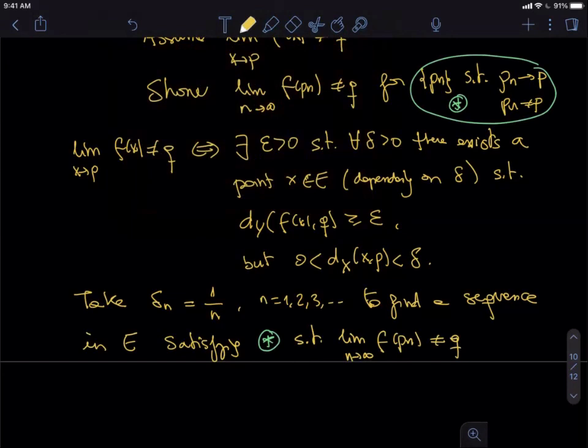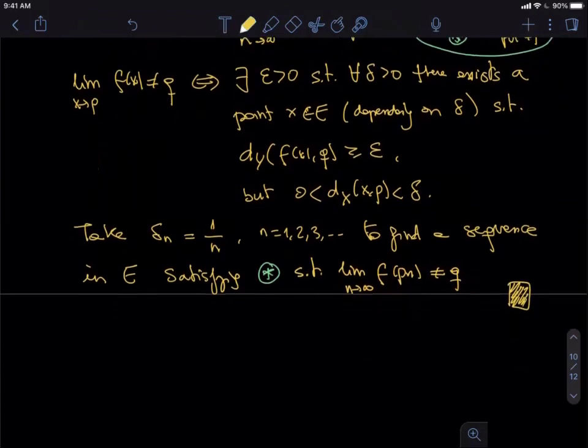Since the negation here is so massive, for every delta, you just pick a delta that is convenient, and that will give you a sequence of points in E. You can just pick any point, and with that you have the negation of the second part, and that finishes the proof.